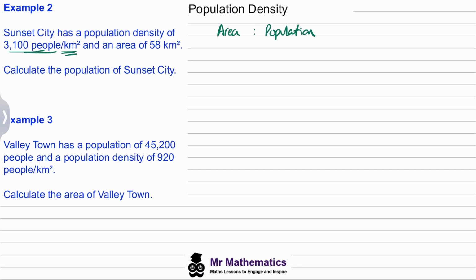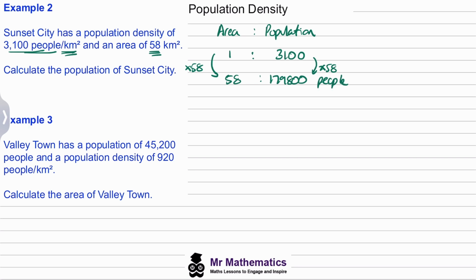Per kilometre squared means we've got 1 kilometre squared and 3,100 people. If we want the area to be 58 kilometres squared, then we multiply both sides of this ratio by the 58, and that keeps the ratio balanced. So 3,100 multiplied by 58 will give us a population of 179,800 people.